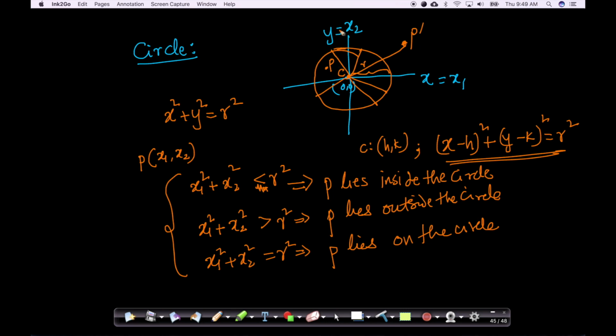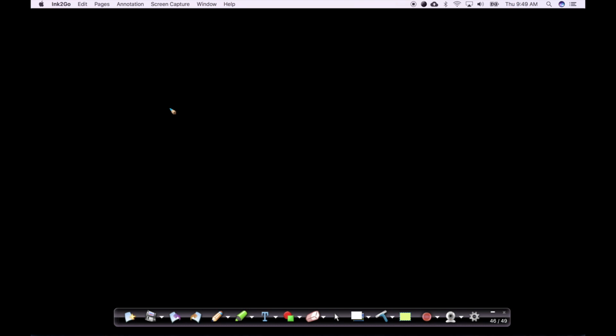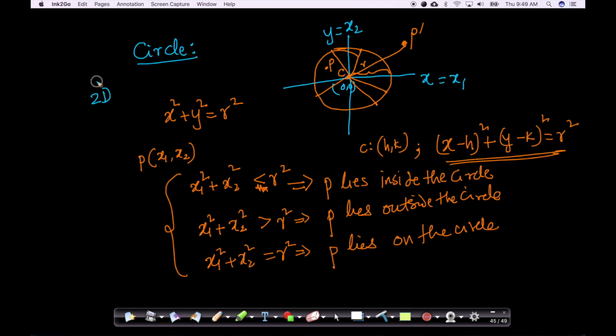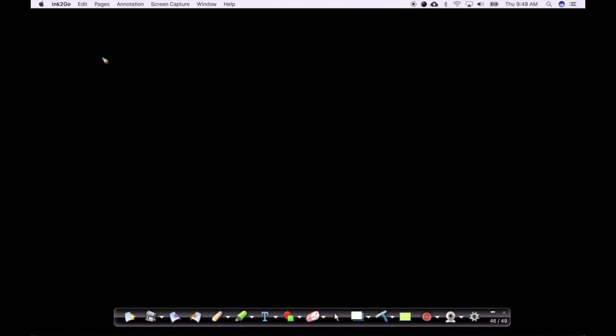Now, since we understood the circle, let's extend this understanding to higher dimensions. What we saw here is 2D. Let's move on to something slightly more interesting. What happens in 3D? Suppose I have 3 dimensions, x1, x2 and x3.